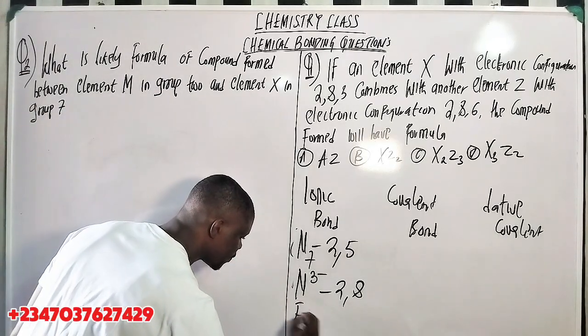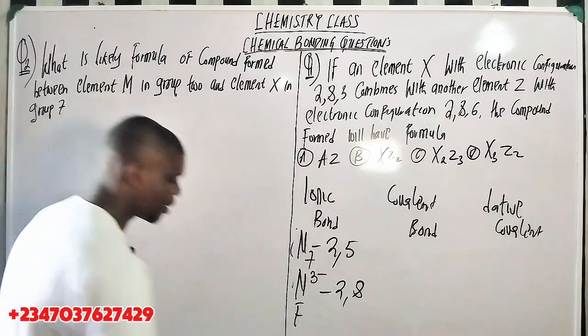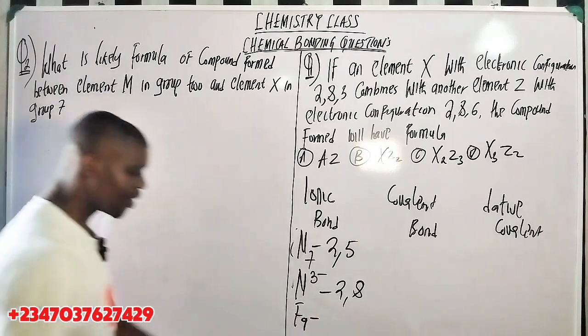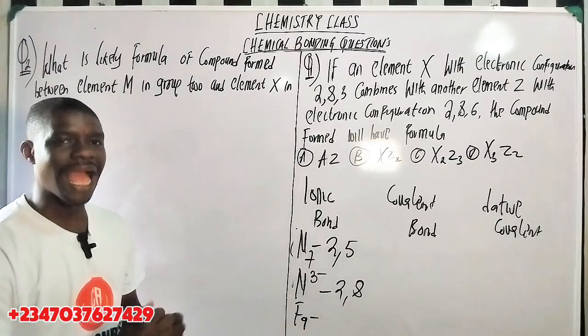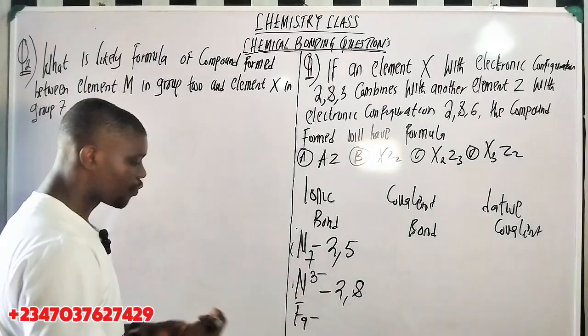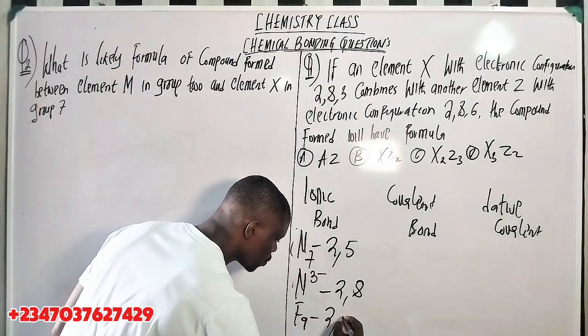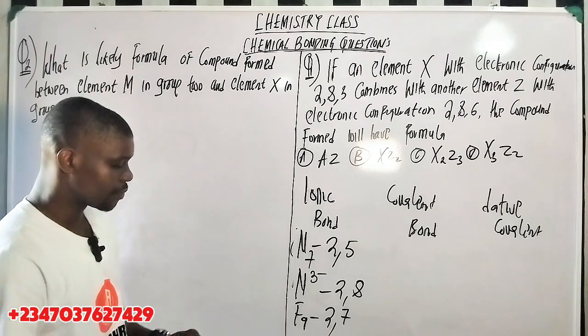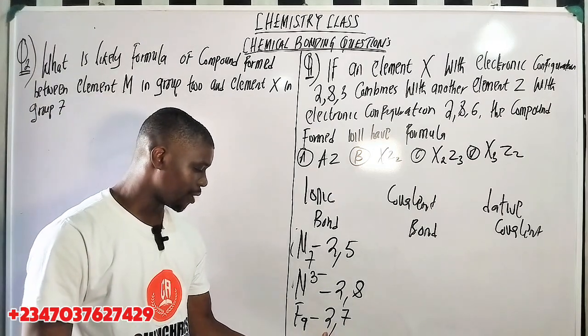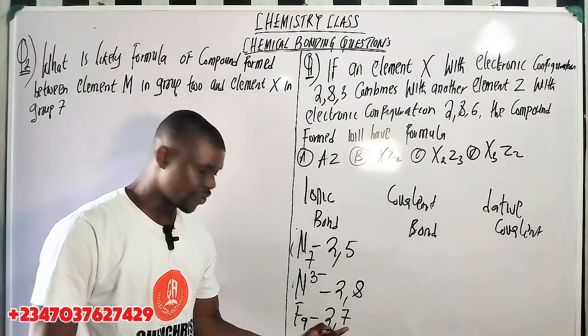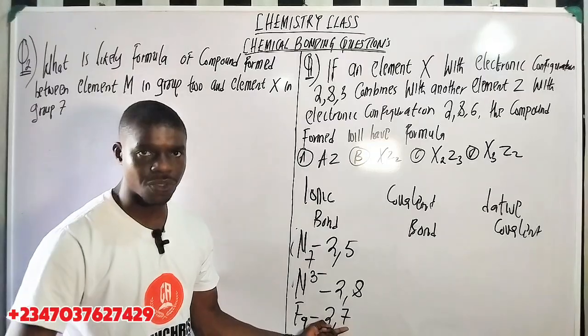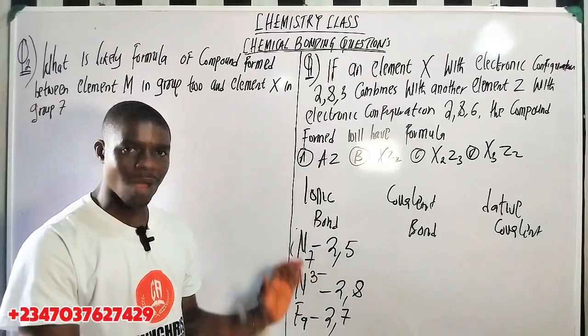It's the same thing with fluorine. Fluorine is 9. If you write the electronic configuration, you have 2, 7, right? Now fluorine has 7 and wants to have 8, so what happens? It will gain 1 electron.